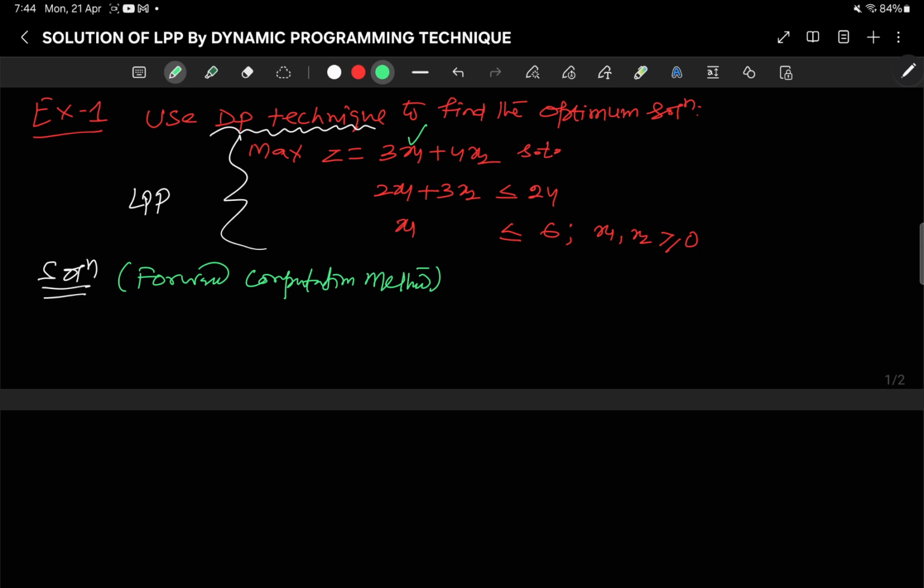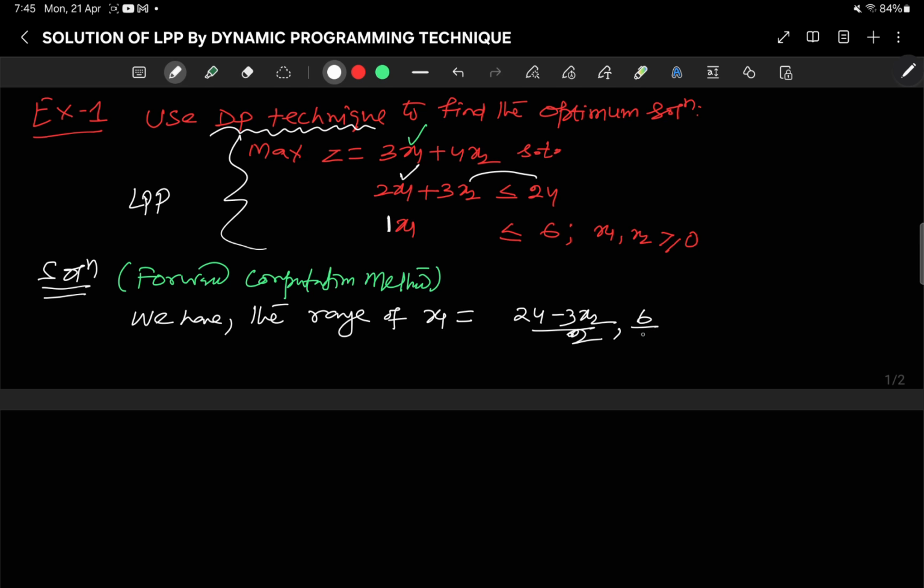First we find the range of the decision variables. The range of x1: in this equation x1 is equal to (24 minus 3x2) divided by 2, and in the other equation the coefficient is 1, so it is 6 by 1.